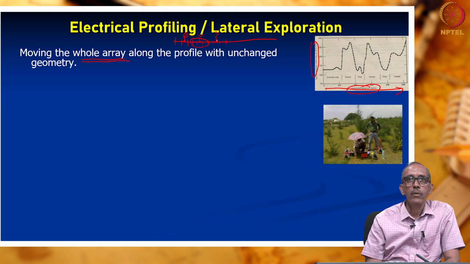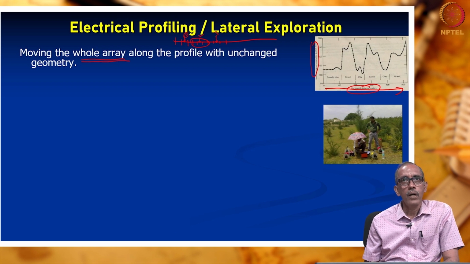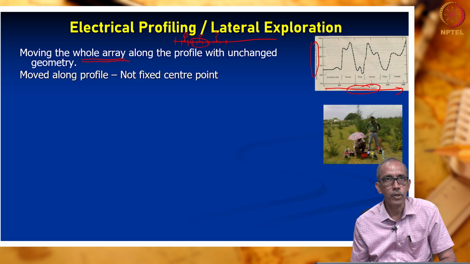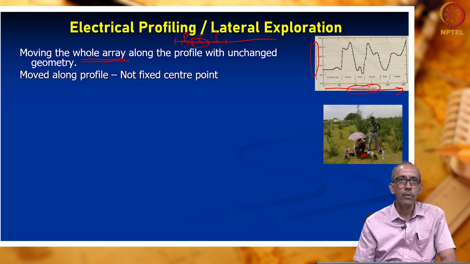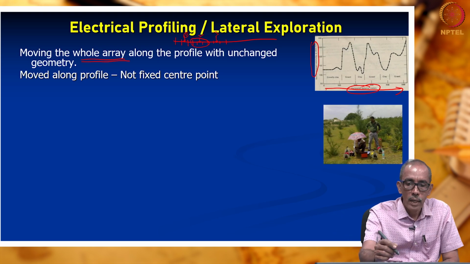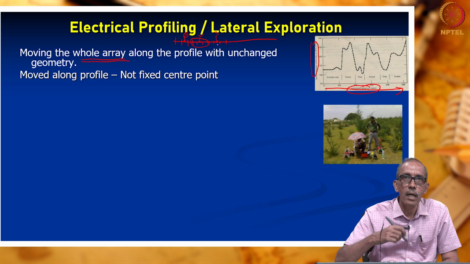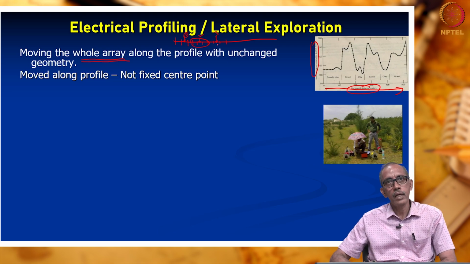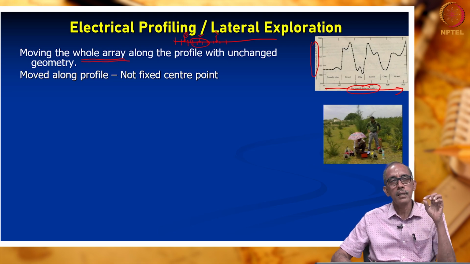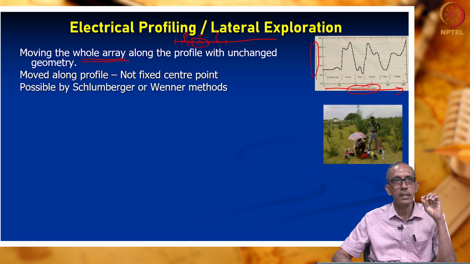So this is how we keep moving the electrodes along a profile to carry out electrical profiling, which is also popularly called lateral exploration. Which means the center point keeps moving. That is what I have written here, 1, 2, 3, they are all nothing but the center points of our electrode spread. These are the stations of our investigation, right?